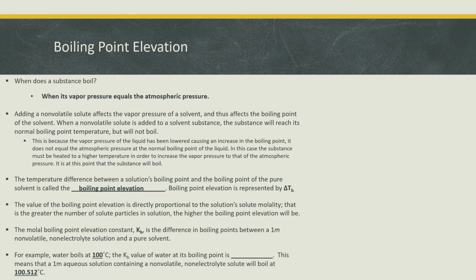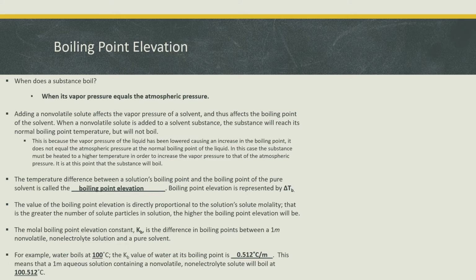And again, it's the difference in boiling points between 1 mole of non-volatile and non-electrolyte solute in solution and a pure solvent. All right, and you should know that the boiling point of water is 100 degrees Celsius. The Kb value, so that molar boiling point elevation constant, is denoted as 0.512 degrees Celsius per mole. So that Kb value is a constant.